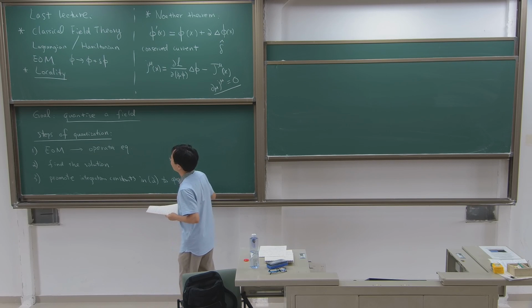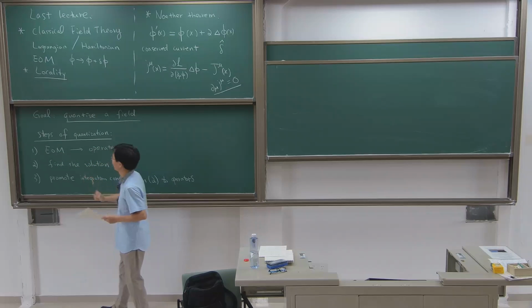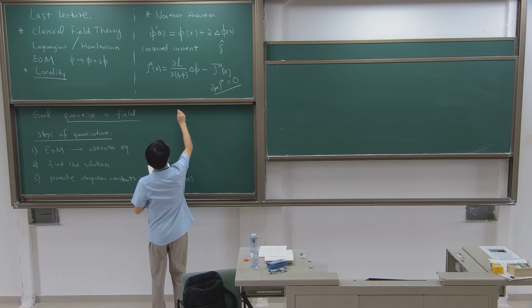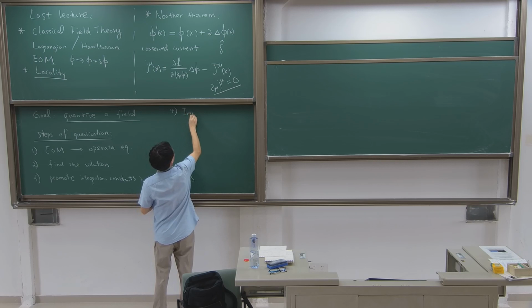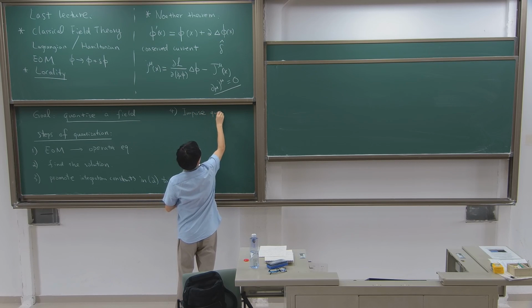Now, this is only about the operator evolution responding to the classical equation of motion. Of course, we didn't finish the quantization procedure. After this, we have to impose the so-called quantization condition.